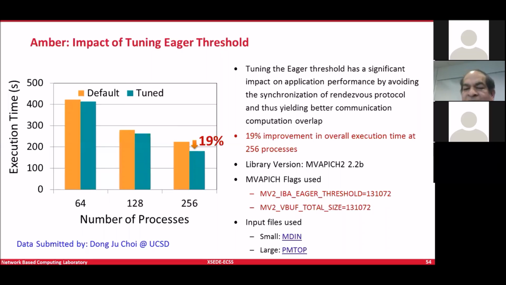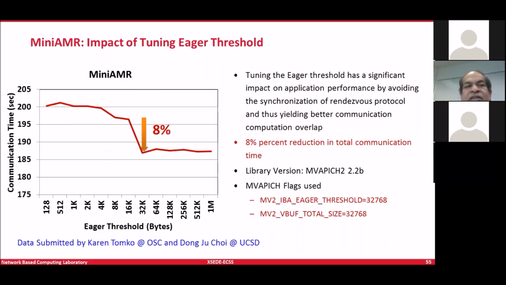The input files used here were the MDIN and PRMTOP. Similarly, this is miniAMR, done by Karen Tomko and Dong Choi from OSC and UCSD respectively. Here again, playing around with these 2 parameters, you can see around an 8% reduction in the total communication time.